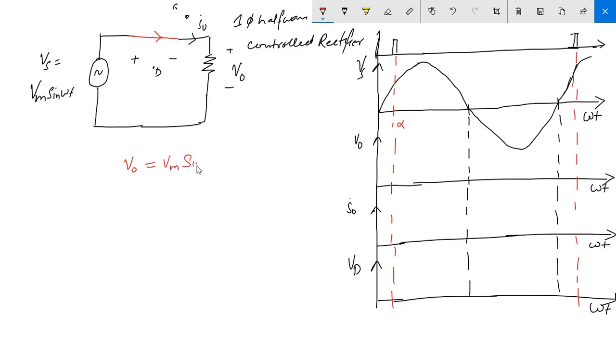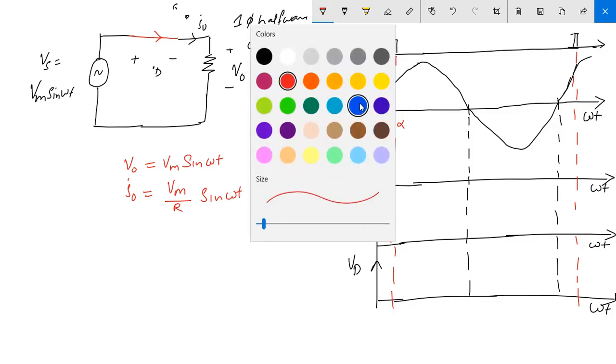And your I naught will be equal to Vm by R sin omega t, and as it is a resistive load, you will have the same waveform, similar in shape. Okay, so let's draw the shape. I'm drawing it with a different color.